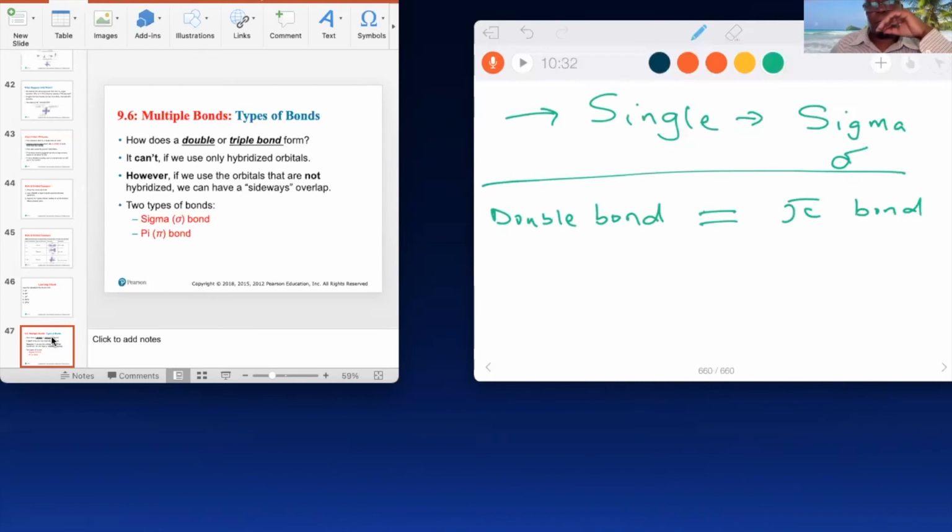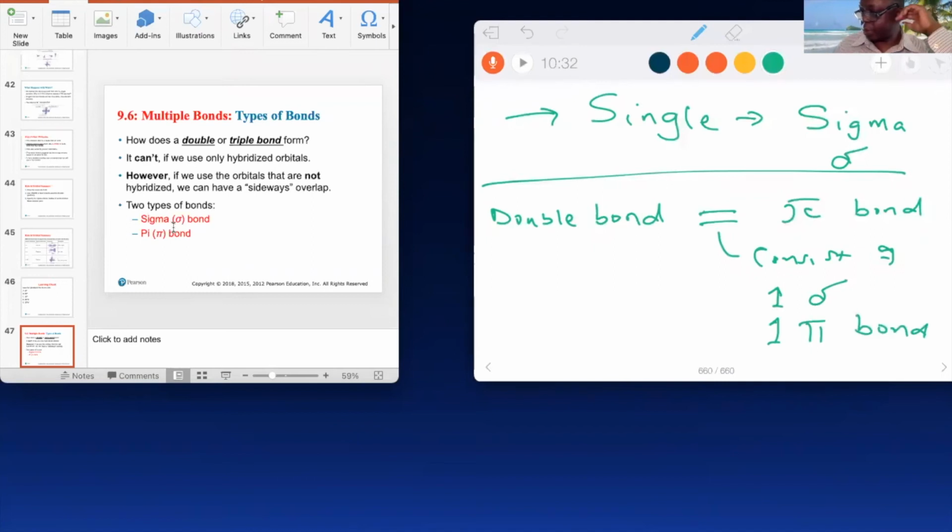And the pi bond, see here, pi bond and sigma bond. Pi bond, sigma bond. A double bond consists of one sigma bond and one pi bond.